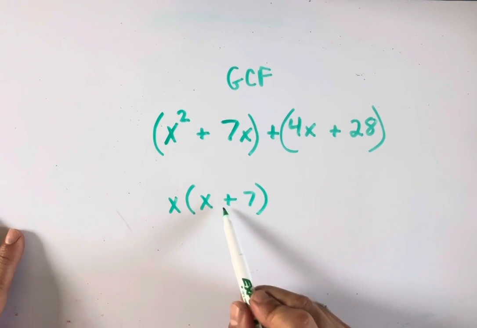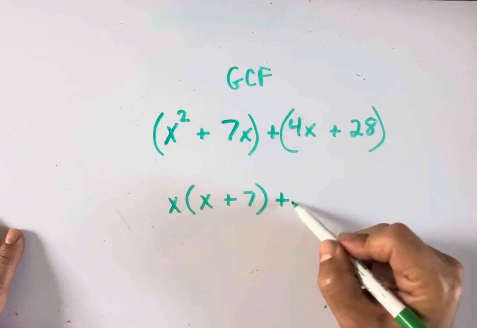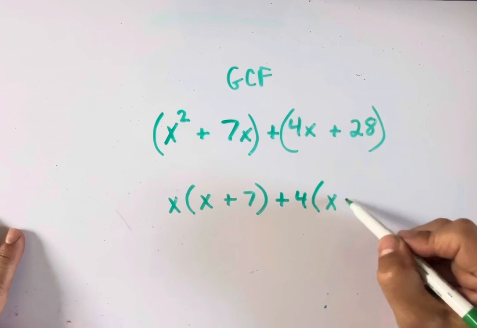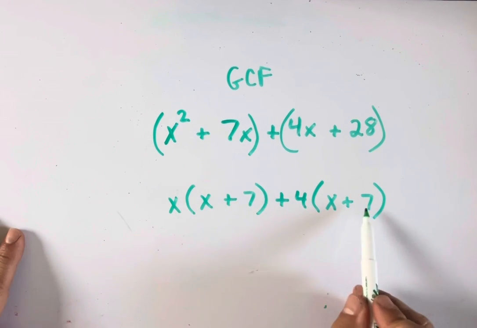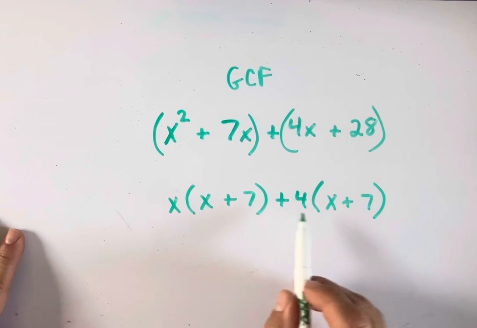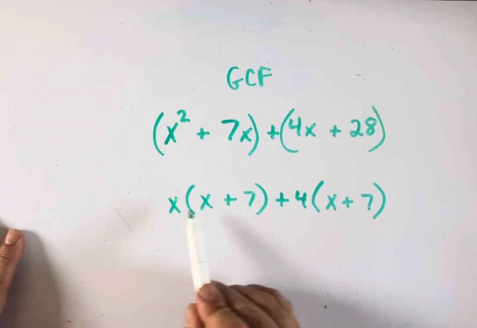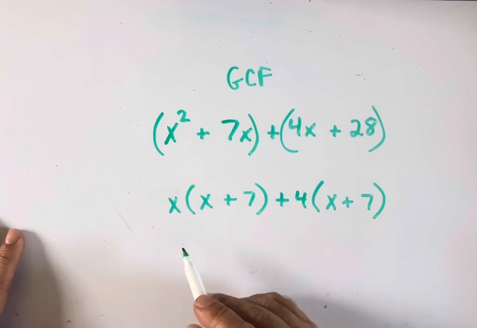X times x plus 7. Here I can factor out a 4. I get x plus 7. Oh, nice. And I have x plus 7 and an x plus 7. We've talked about this repeatedly in class. At this point, both of these terms are being multiplied by x plus 7. We're going to factor them out.